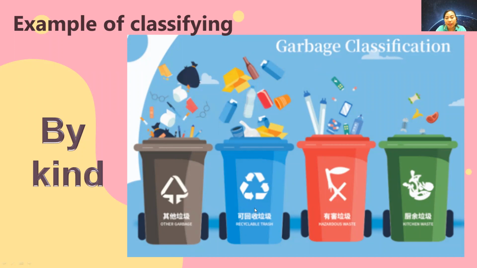These ones are all plastics. These ones are hazardous. And this one is recyclable material or biodegradable, meaning they can be used again as a fertilizer. So this is a kind of classifying. We classify things based on their kind, or by kind.